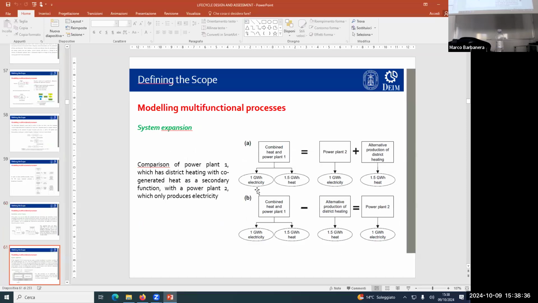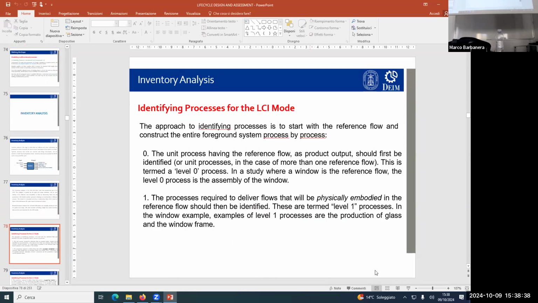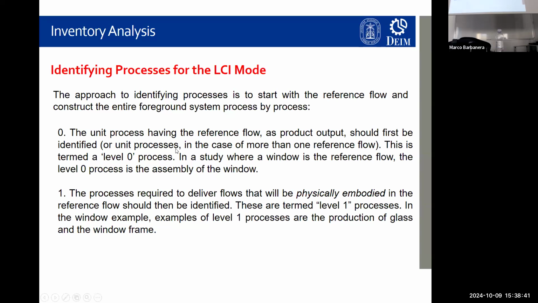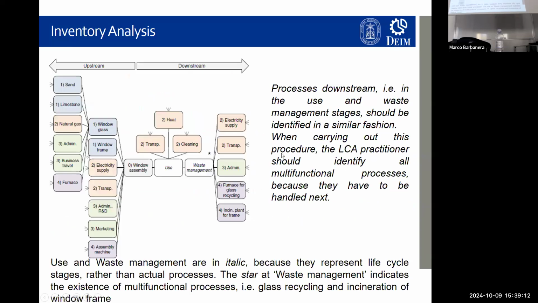So we can now return to our slide. In this example, if we have a study about the LCIA of a window, the assembly of the window is the unit process having the product output, as we can see in this figure.